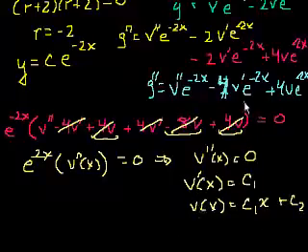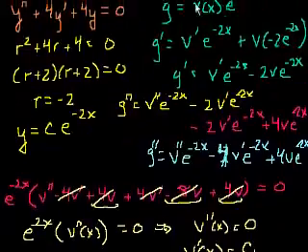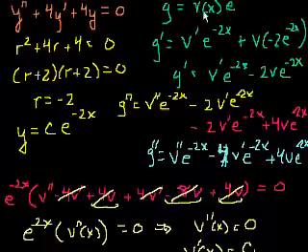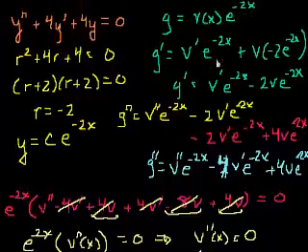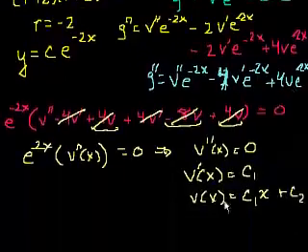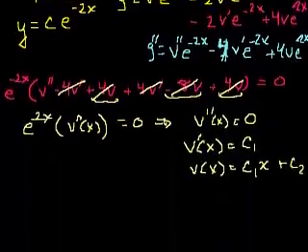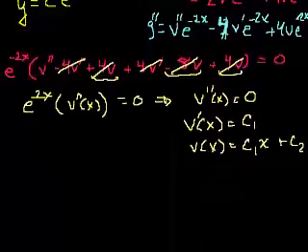Now, remember, what was our guess? Our guess was that our general solution was going to be some arbitrary function v times that first solution we found, e to the minus 2x. And when we took that guess and substituted it in, we were able to solve for that v. So this is interesting. What is our guess function equal to? It's no longer a guess.